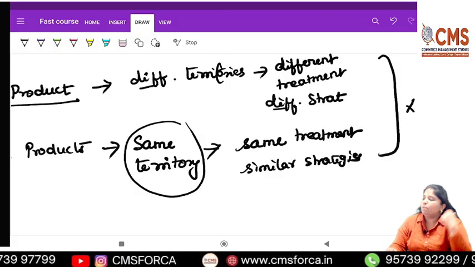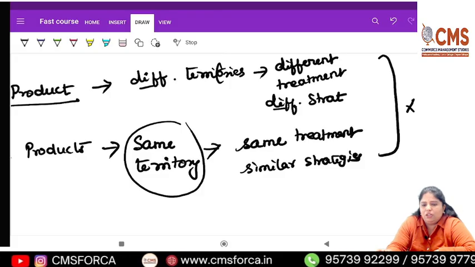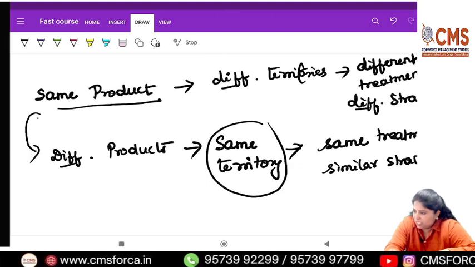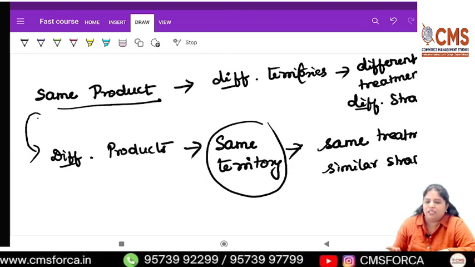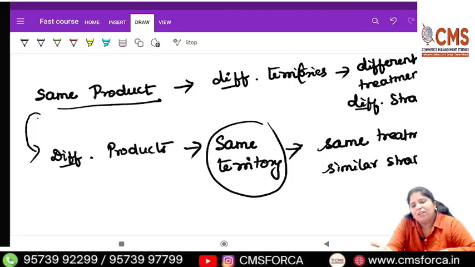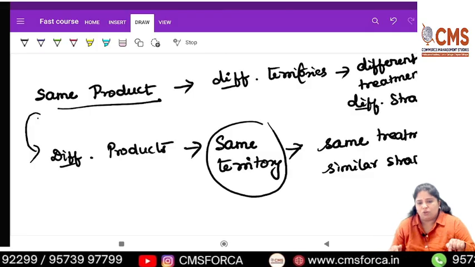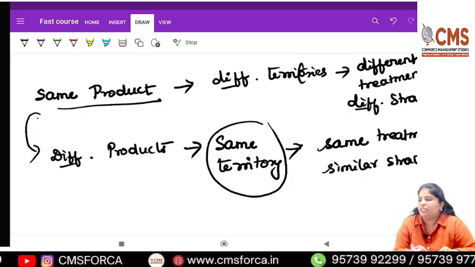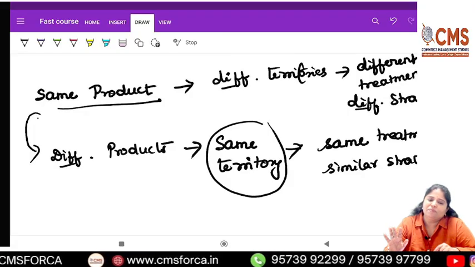When you are grouping only based on geographical location, ideally speaking, when I have different products, though they are in the same territory, I should be making different strategies because products are different. But as per territorial grouping, because different products lie in the same territory, it treats them the same way.